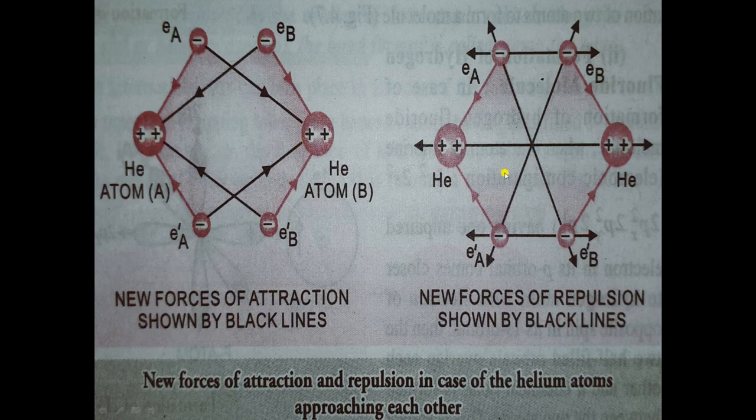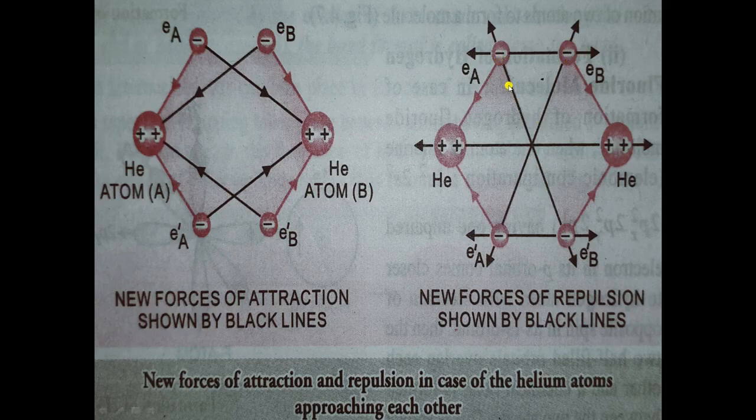Now can you see the red line? These red lines represent the force of attraction within the atom. But we have to see only the black lines. So in this diagram, black lines represent the force of repulsion. So there will be a force of repulsion between an electron of the first helium atom and an electron of the second helium atom.